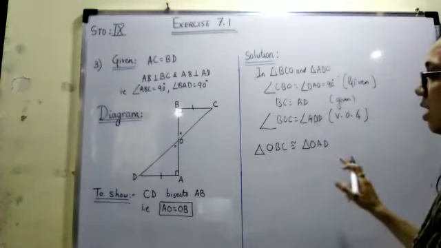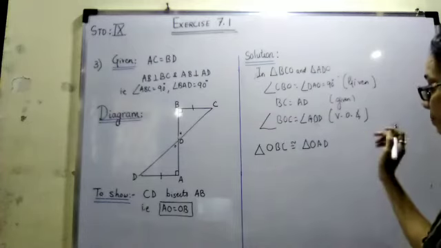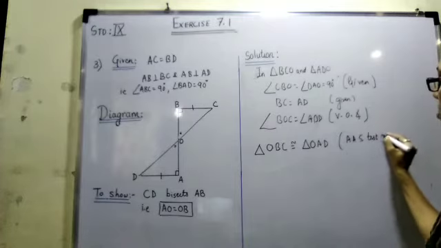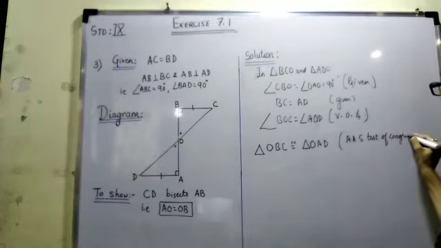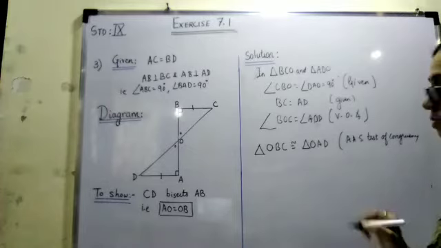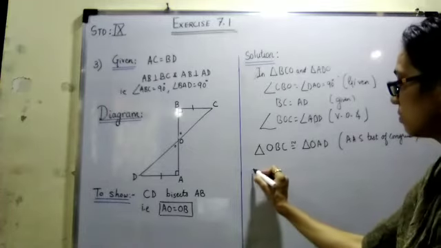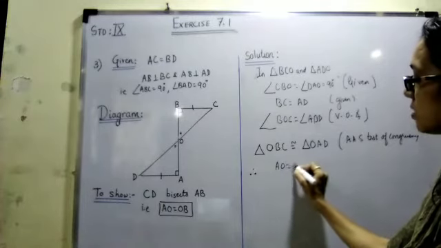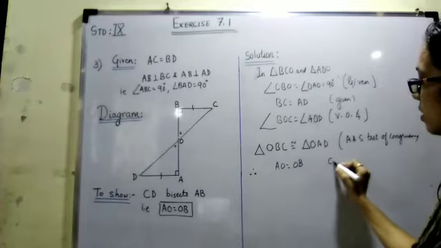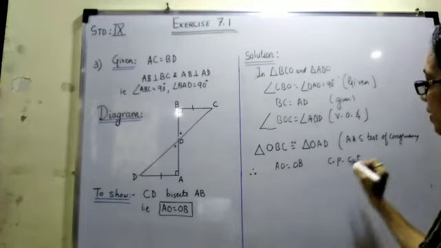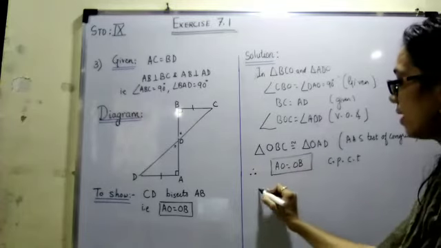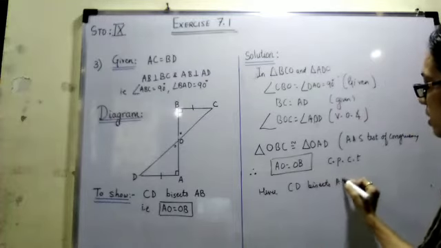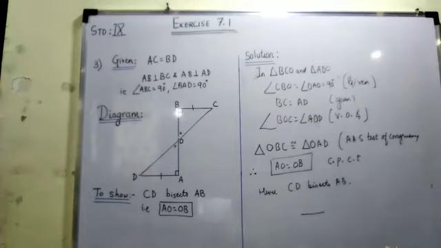These two triangles are congruent by angle side test of congruency, which means, therefore, we can write down that AO is equal to OB, corresponding parts of congruent triangles. Hence we can write down CD bisects AB. Hence proof.